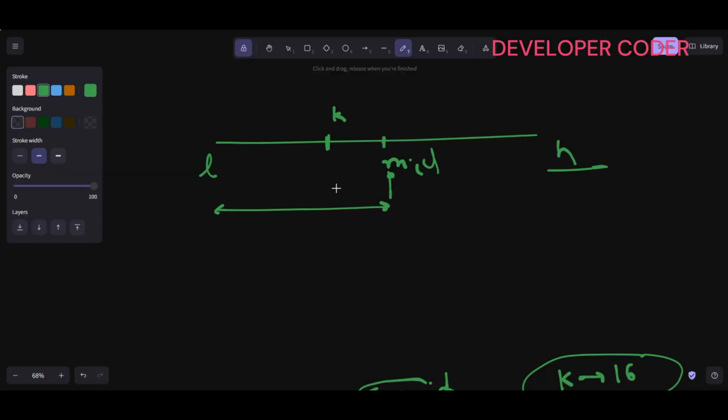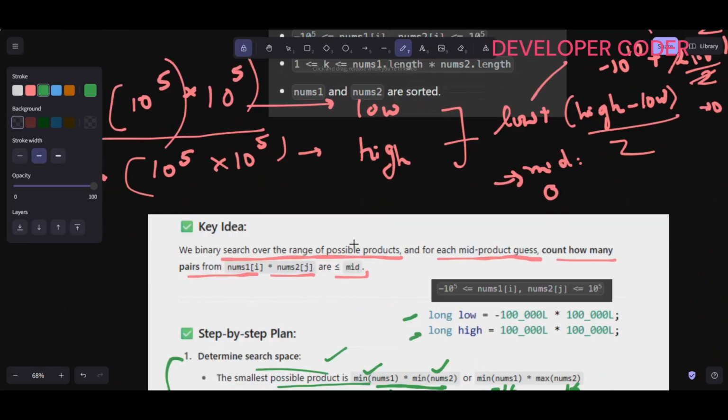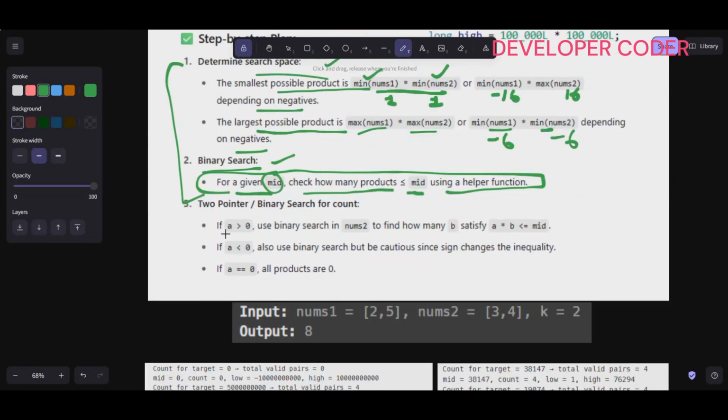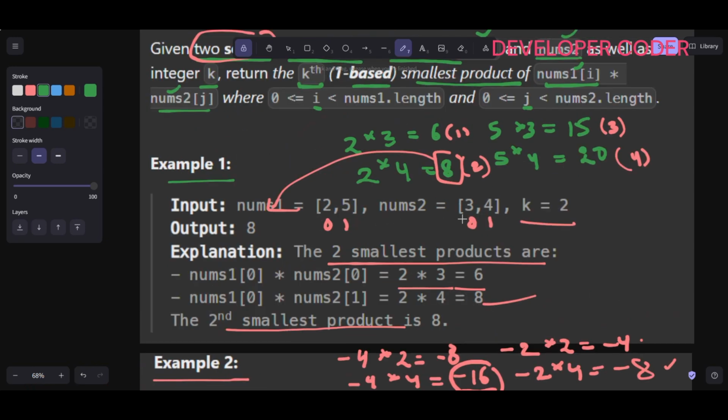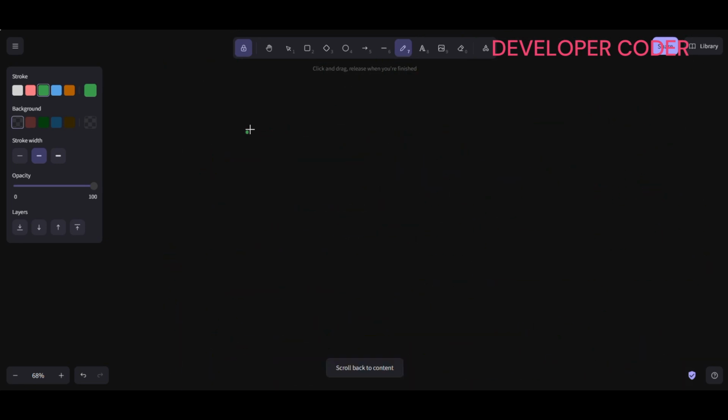Now, if you read this point: if a value is greater than 0, then use binary search in nums2 to find how many b's satisfy a times b less than or equal to mid. So let's suppose this is your nums array. You can take this example 2, 5, 3, 4, and here k is equal to 2.